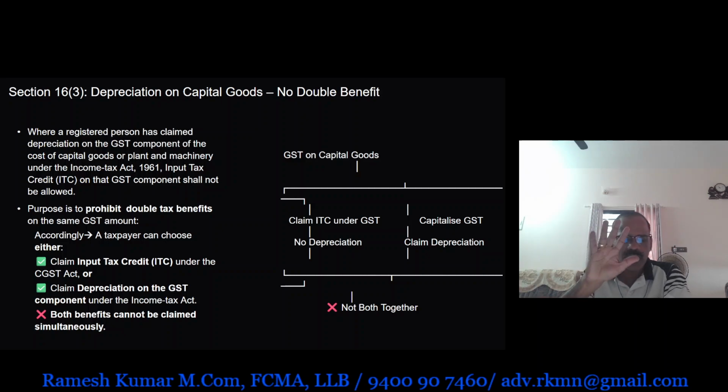You cannot claim both ITC and depreciation on the GST portion. So remember one simple sentence: one GST amount, one tax benefit only. This is exactly the essence of section 16, subsection 3. Practically a very, very important point.